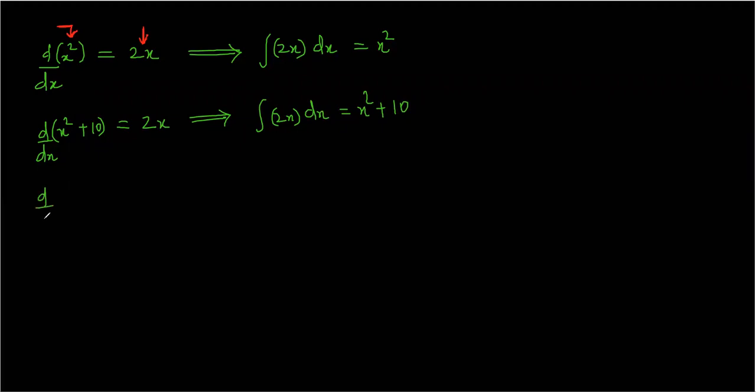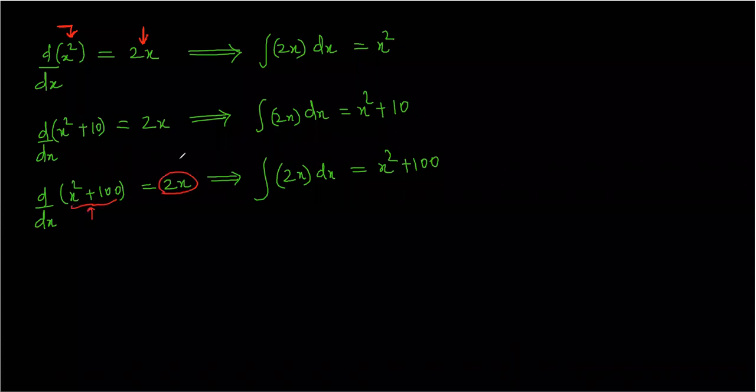If I write next d by dx of x square plus 100, it will again be 2x, because the derivative of a constant is 0. This gets me integration of 2x dx is equal to x square plus 100. I'm applying the definition of integration, which says derivative of this is this, so integration of this will be this.